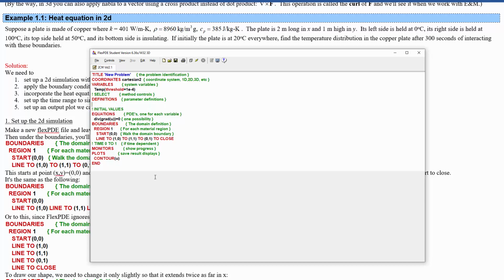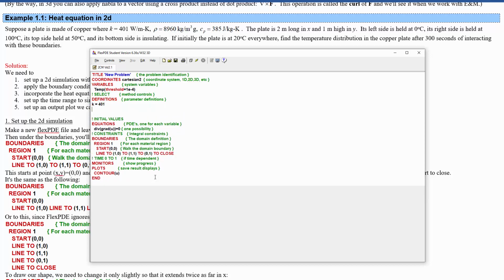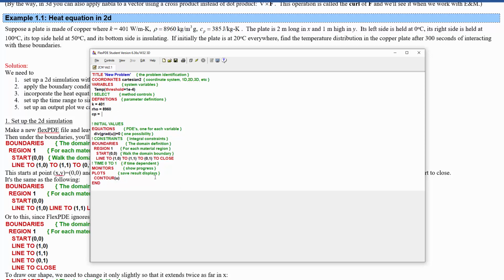So for definitions, we'll put in the material parameters. K is 401, rho is 8960, CP is 385, and then we've got some geometry to put out. So the plate is 2 meters long in X and 1 meter high in Y. To do this, we're going to walk this region here. So we start at 0, 0. That's the starting position, and then we're going to expand the X to 2 meters, and then we're going to go 2 to the right and 1 up.